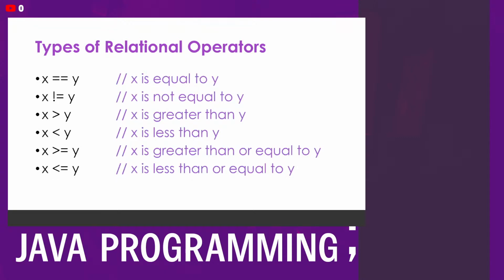Now, these are our relational operators in Java. We see double equals. That stands for is equal to. We use double equals instead of one equal because we've already used one equal for assignment. When I see one equal in a line of code, that's basically saying this is equal to that. Whereas if I see two equal symbols like we're seeing here, I'm asking a question: is this equal to that?